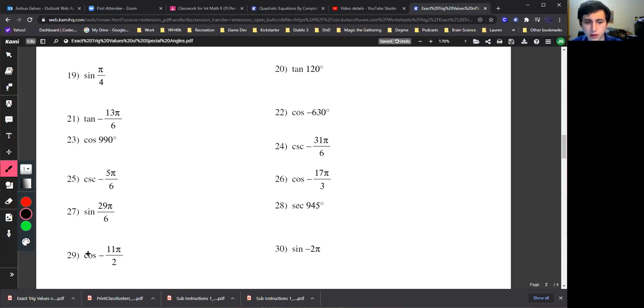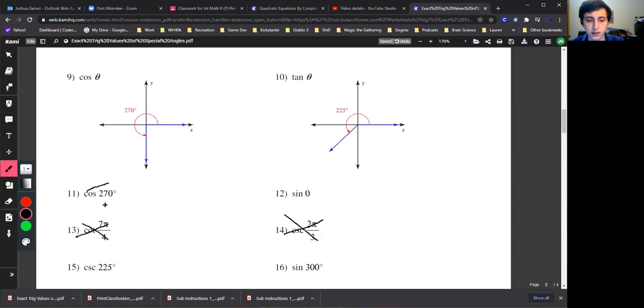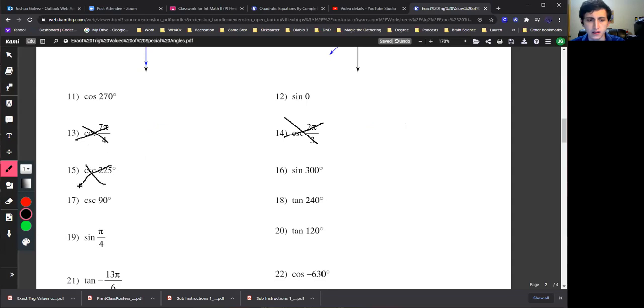And these ones with the negative angles, you can give these a try. Negative angles just means you're rotating clockwise instead of counterclockwise. But I would say mainly try to focus on the ones that we're familiar with, and maybe some of the radian ones as well.